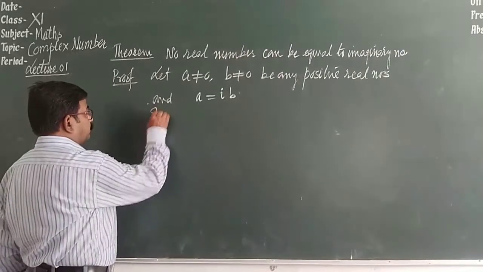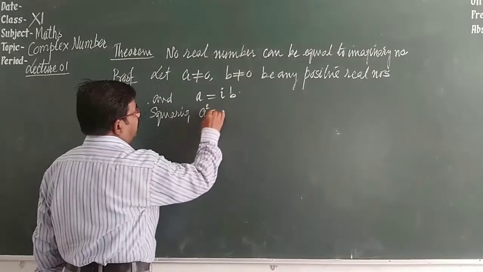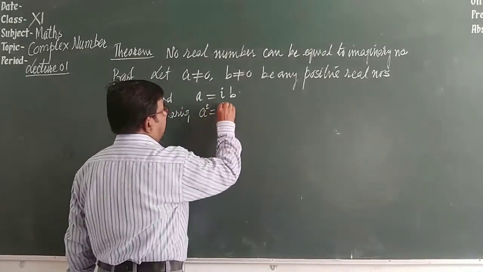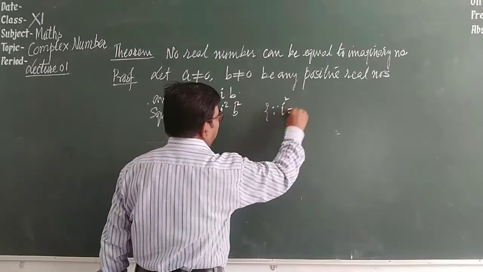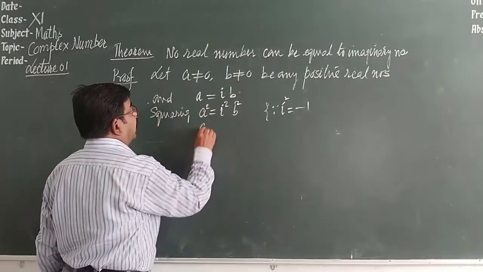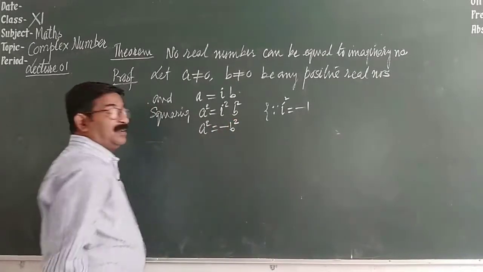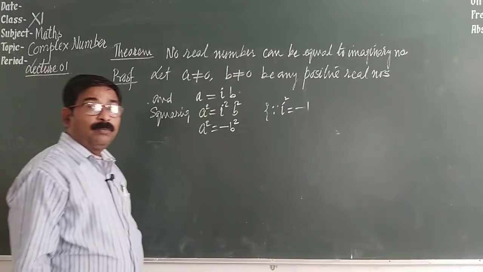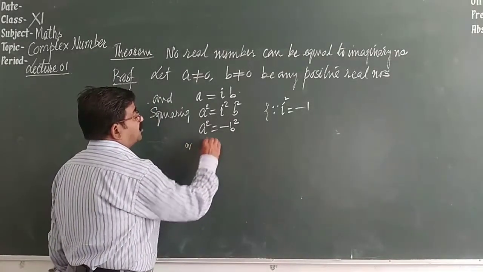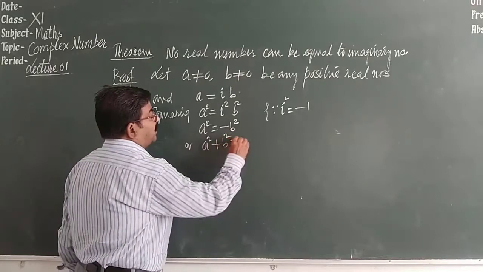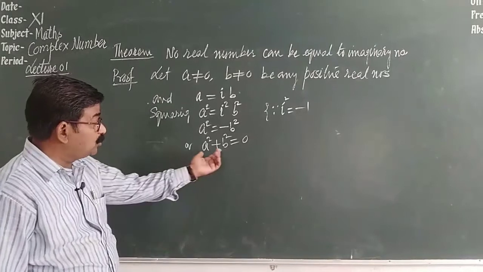Squaring: a square is equal to i square b square. And since i square is equal to minus 1, we have a square is equal to minus b square. Now we can write a square plus b square is equal to 0.